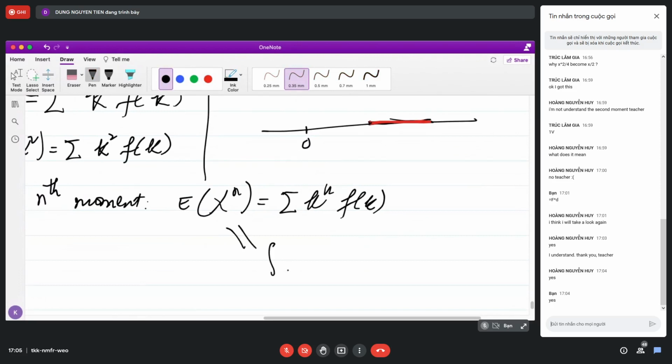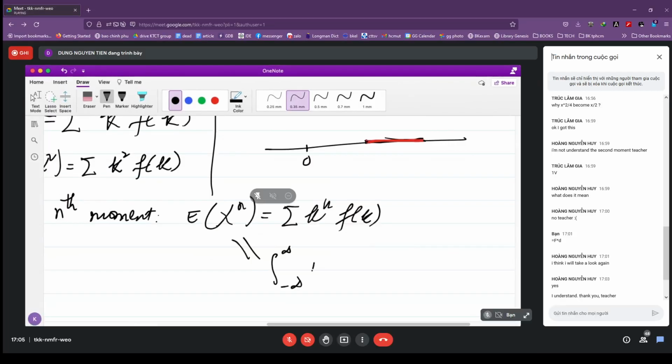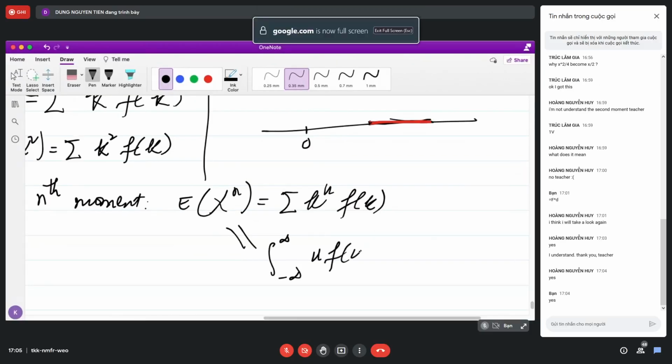So that would be the integral from minus infinity to infinity of u times f of u du. And if it is x to the n here, then you should have u to the n.